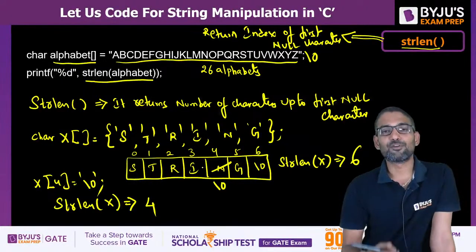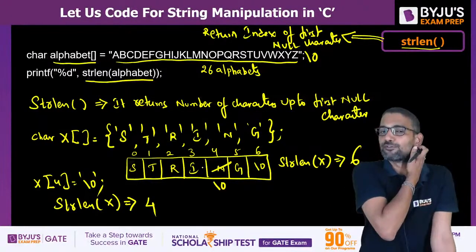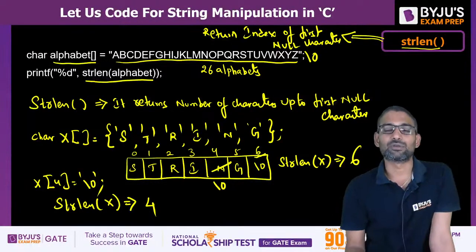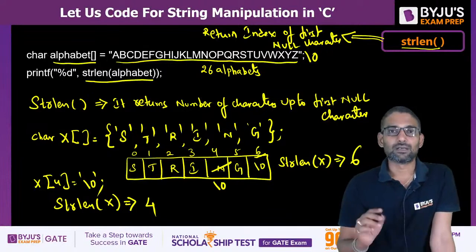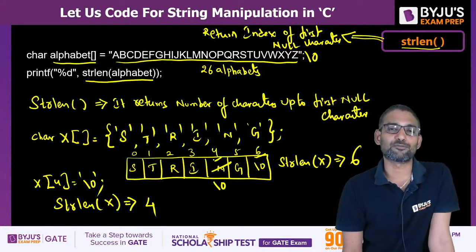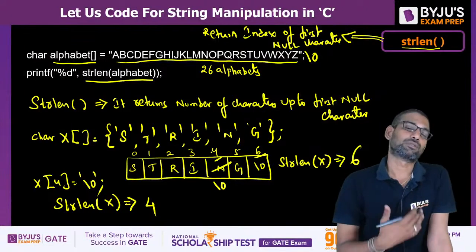So before I make x of 4 as null, what is the index of first null? 6. So it is returning 6. Now what is the index of first null once I make x of 4 as null? 4. So it is returning 4.